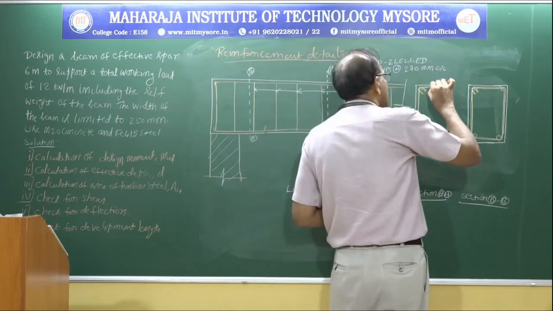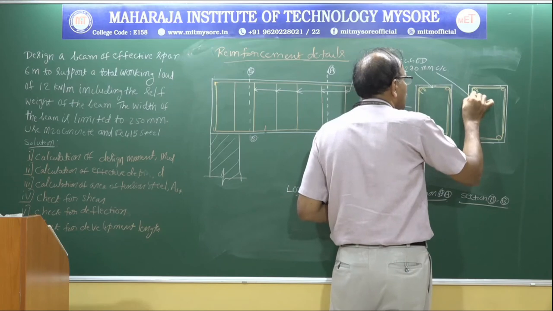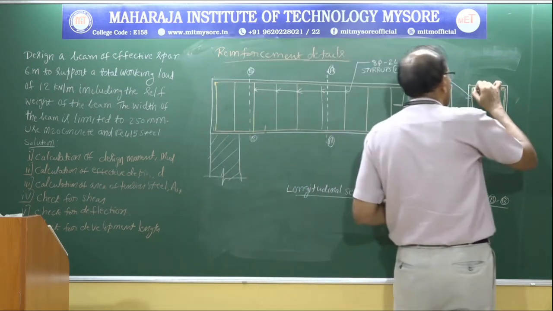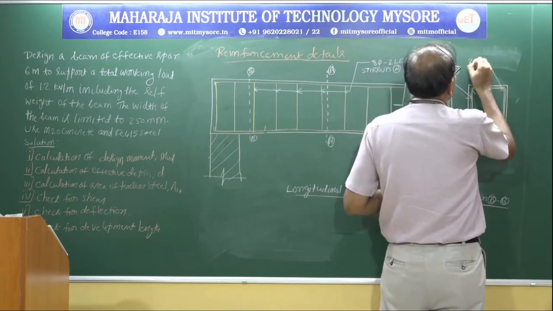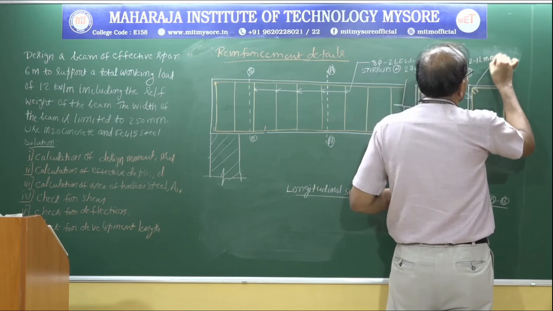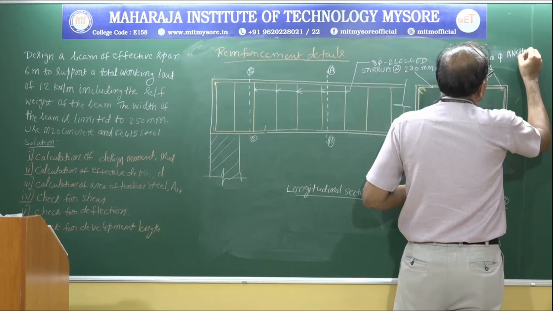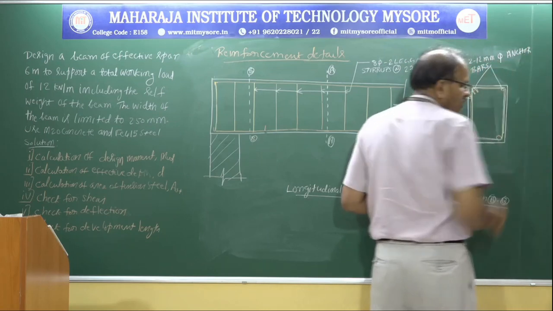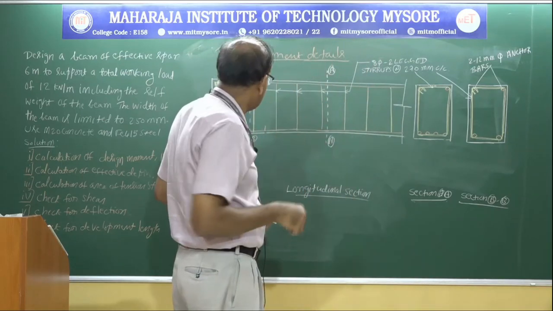So same as this. Okay, and 2 of 12 millimeter dia anchor bars. We are going to make use of these 2 bars to anchor the stirrups.